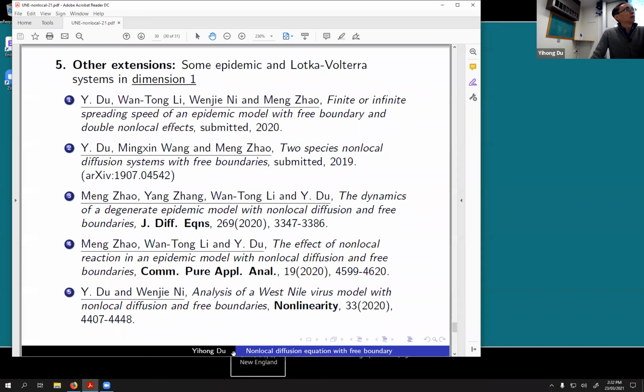Yeah. So behind the scene is similar ideas. You can handle those models. Of course, there might be small difficulties, but because the phenomenon is similar, and we have a spreading and vanishing dichotomy, the long-time behavior, it's all similar. Though, yeah, you do have differences here and there, but these are small differences. So the mechanism behind are similar.